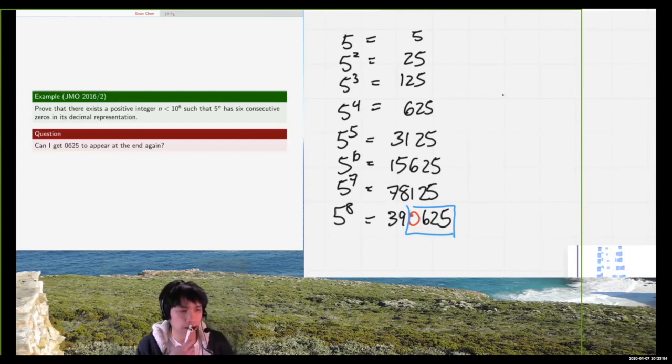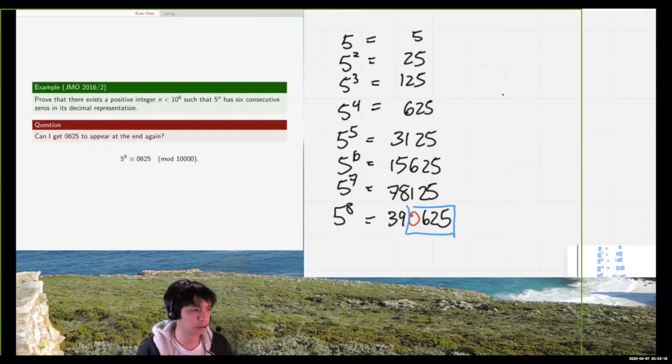Well, what's happening here is if I want the number to be 0625, can I assume the audience knows what a mod is? I think so. Okay, all right. So what we have is, if I'm looking at the end, what this is saying is I want 5 to the 8th to be congruent to 0625 mod 10,000.